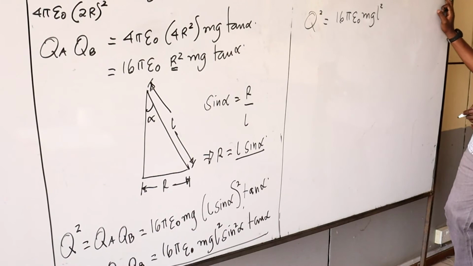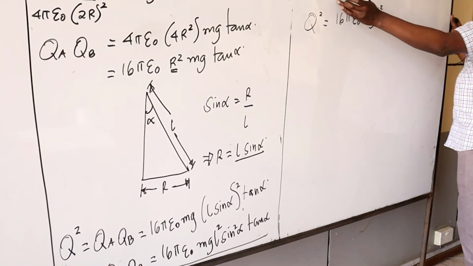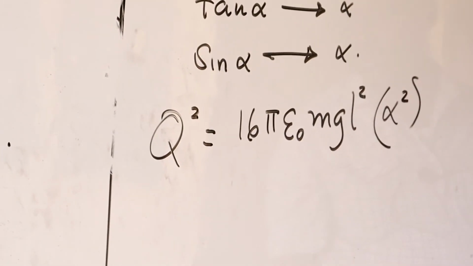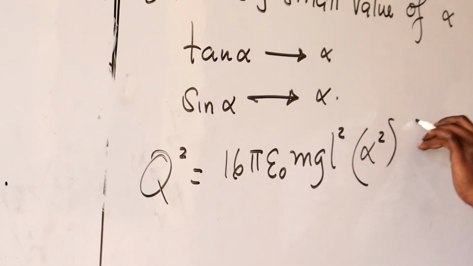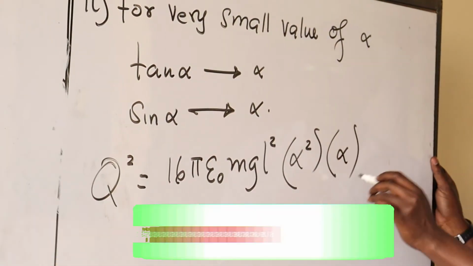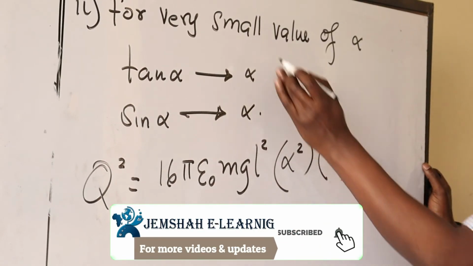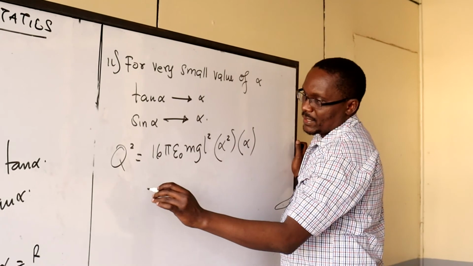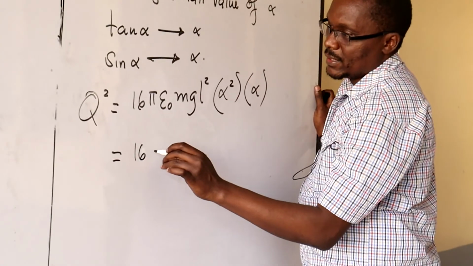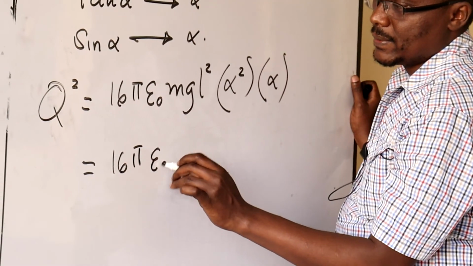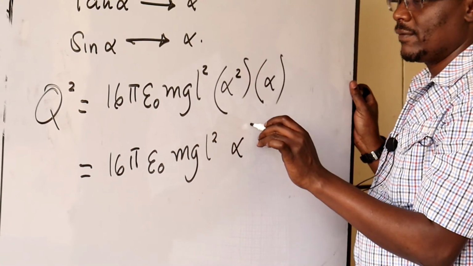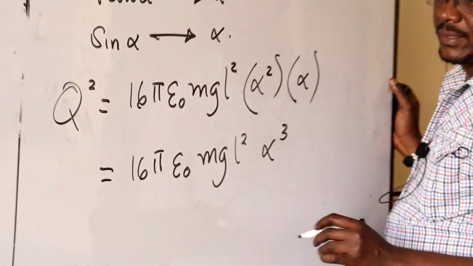So instead of sine alpha squared, we have alpha squared, and instead of tan alpha, we'll also have what? Alpha, since the value is very small, so it approaches alpha. So this translates into 16 pi epsilon naught mg L squared alpha cubed.